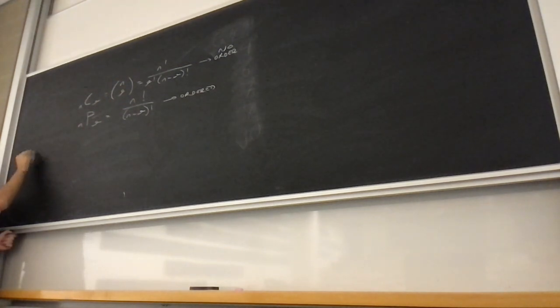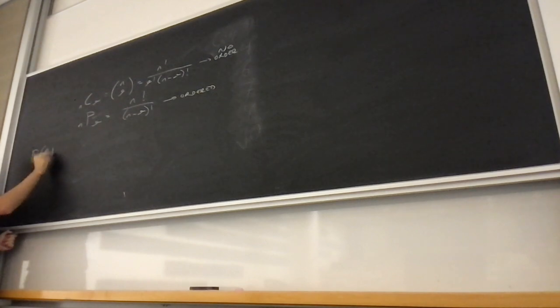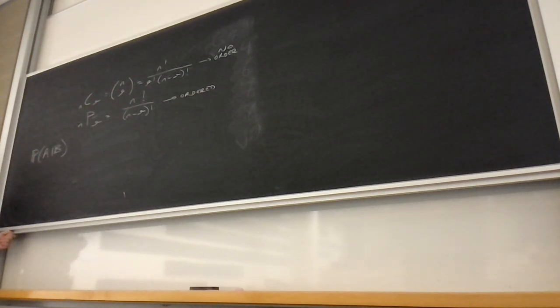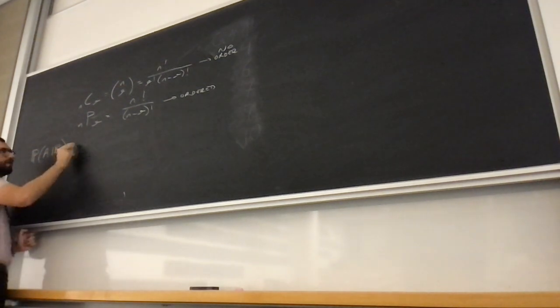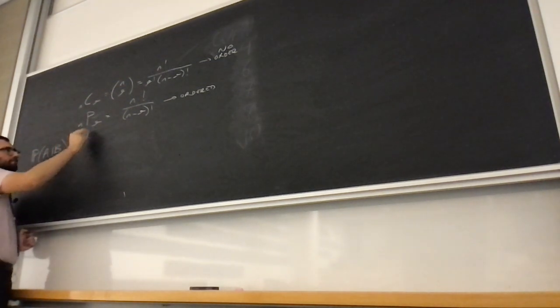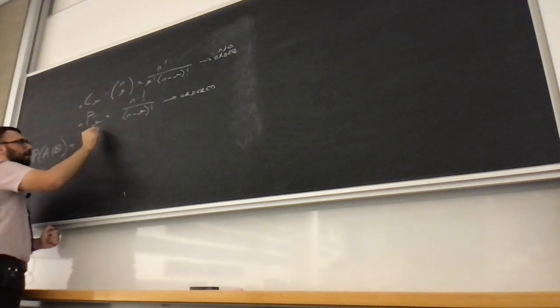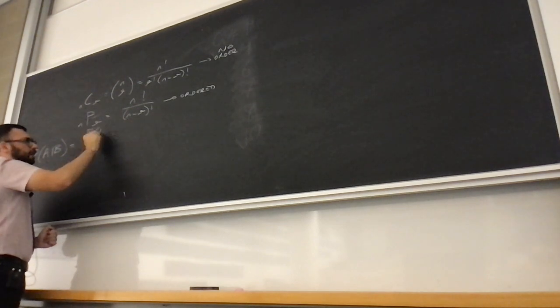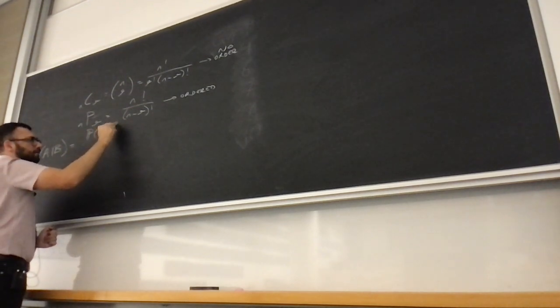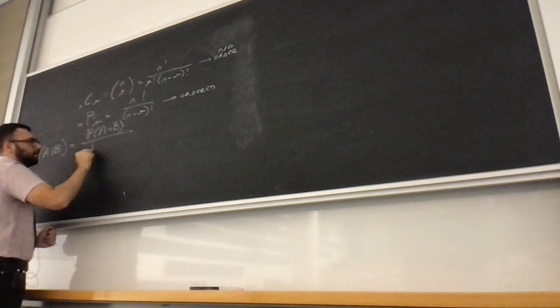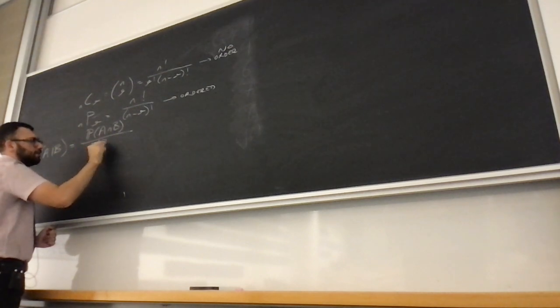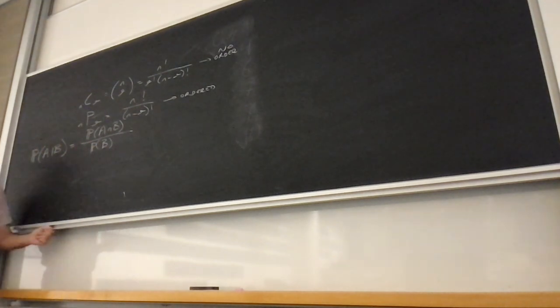But say you wanted to figure out what the probability of A given B is. And let's say that you know information about the opposite of that, B given A. So how do we relate A given B to B given A? What we do, right, at the definition of A given B, we get probability of A and B, or A intersect B, over probability of B. Right?